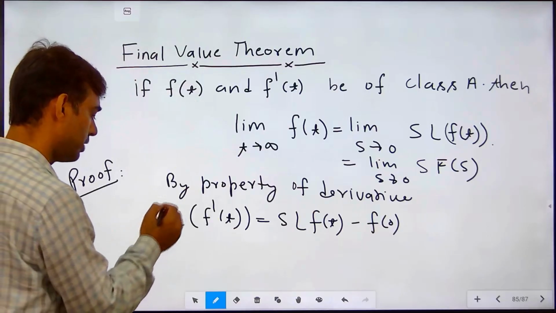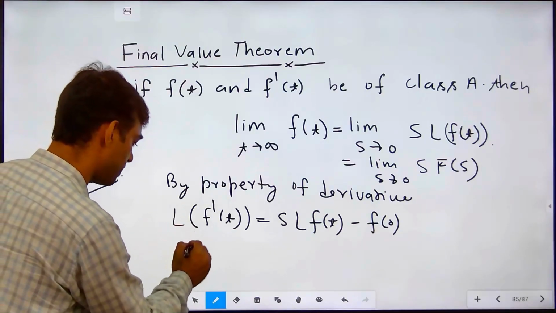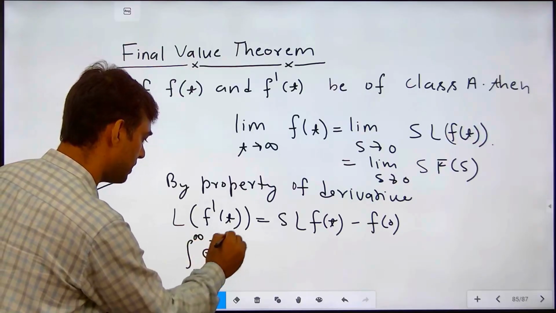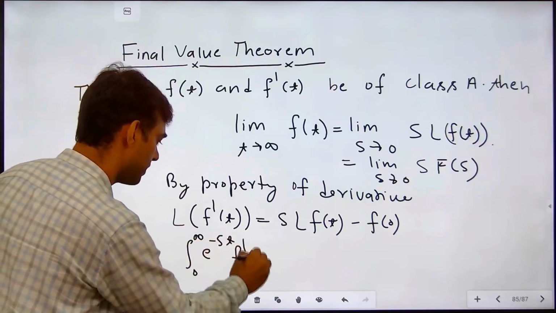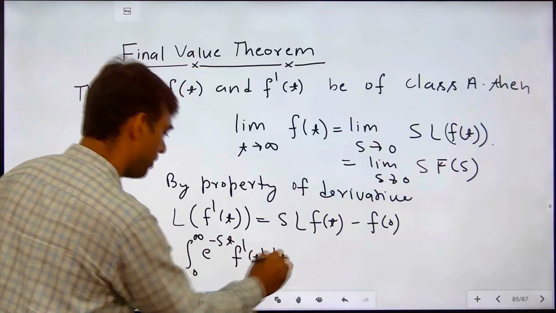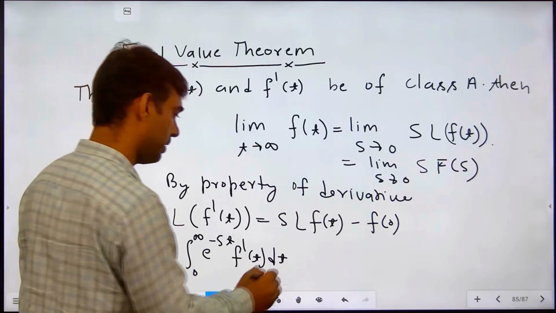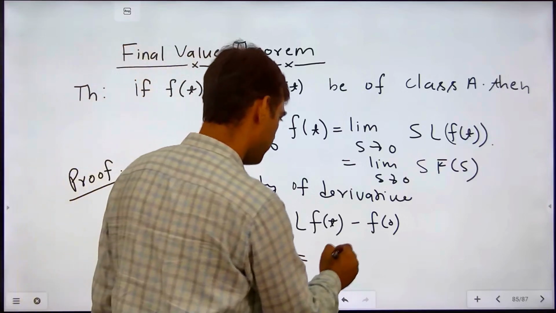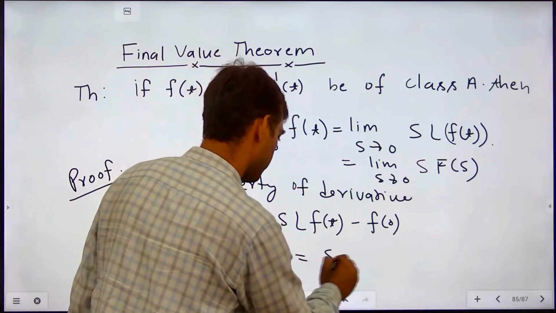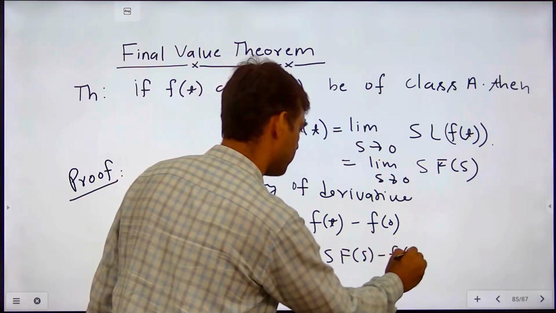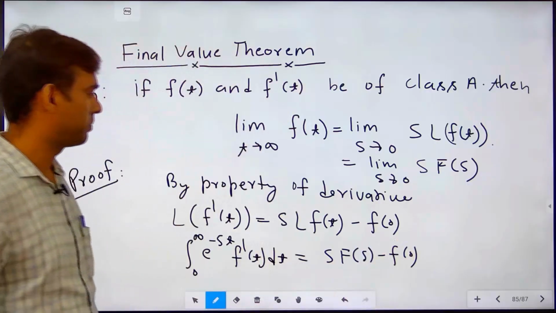Now, using the definition of a Laplace transform, this becomes the integral from 0 to infinity of e to the power minus s t f dash t dt, equal to s F(s) minus f(0).